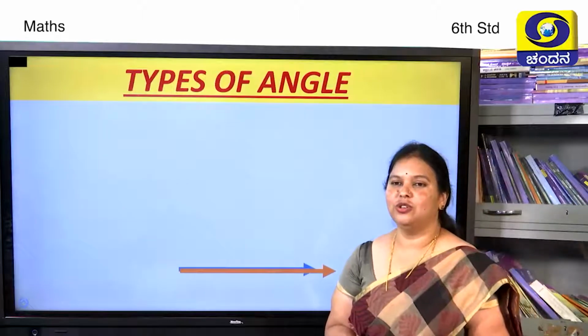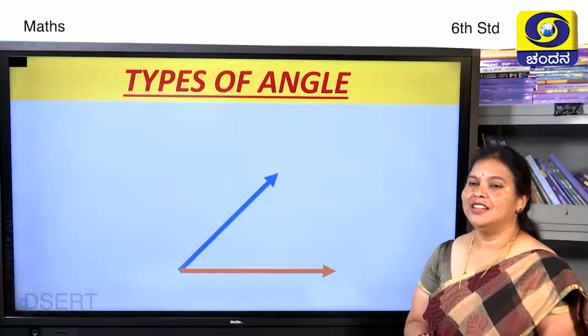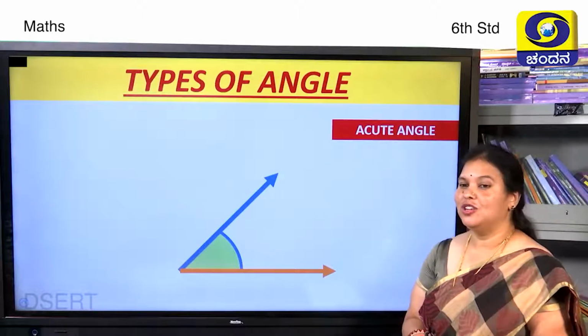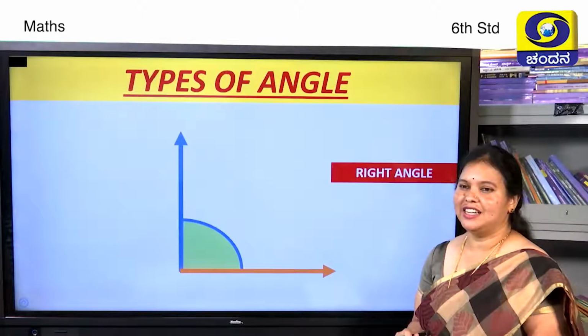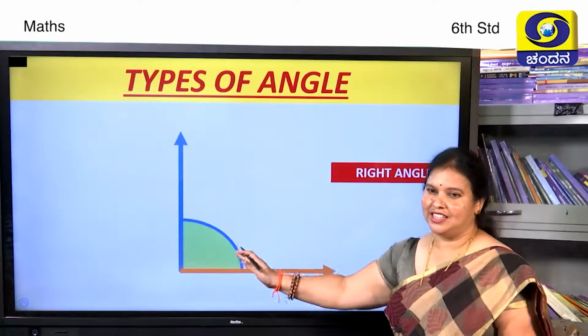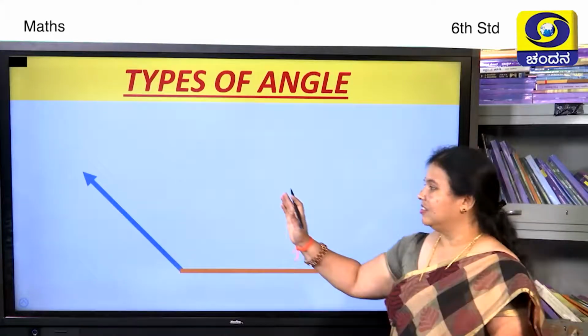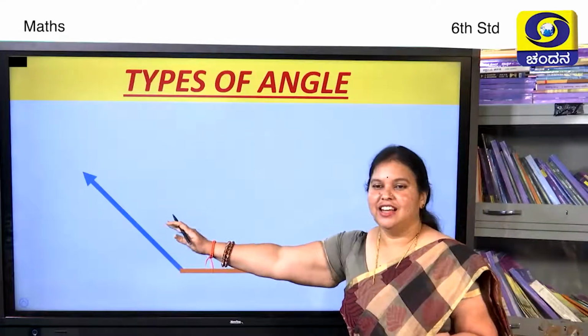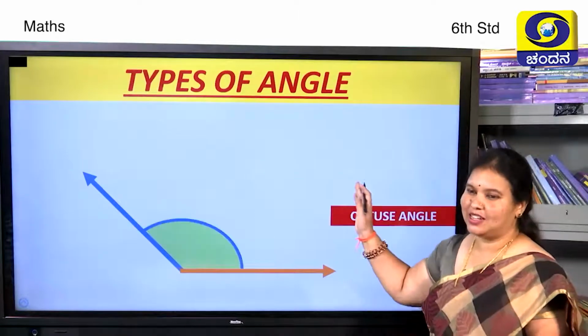In this we are going to understand different types of angles in one place. See, it is an acute angle, which is less than a right angle, and this is a right angle, which is equal to 90 degree, and this is greater than 90 degree and less than a straight angle. This is called an obtuse angle.